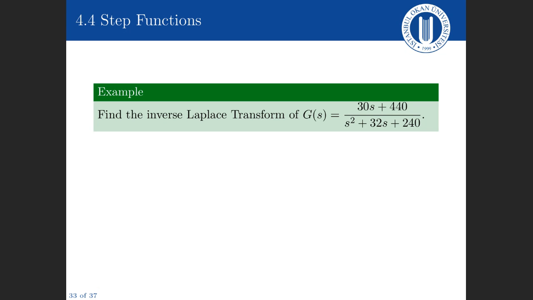For example, find the inverse Laplace transform of 30s plus 440 divided by s squared plus 32s plus 240. First thing to note is the denominator has 2 real roots, minus 12 and minus 20.